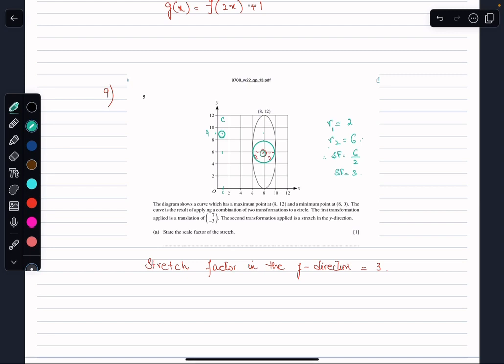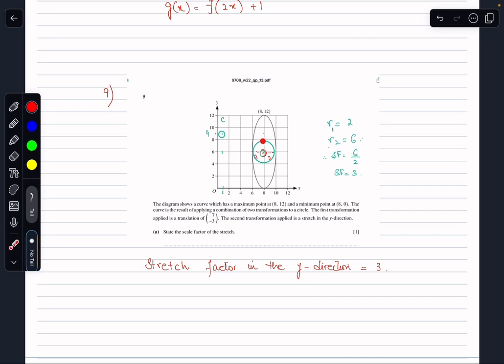So what I know here is that the radius had to be 2 in the beginning, which has now stretched in the y direction from 2 up till 6 units. This point, which we are saying is the center of the ellipse, had to be the center of the circle before the transformation.